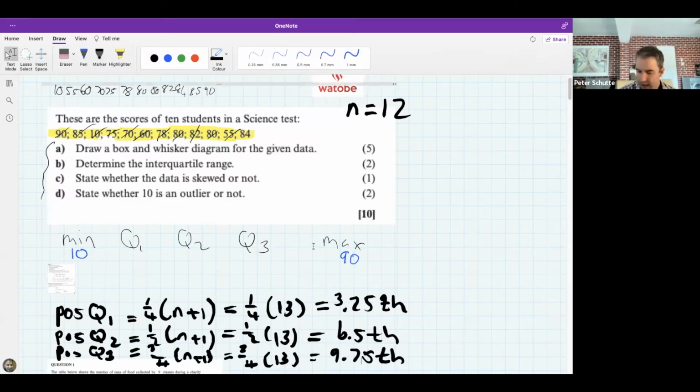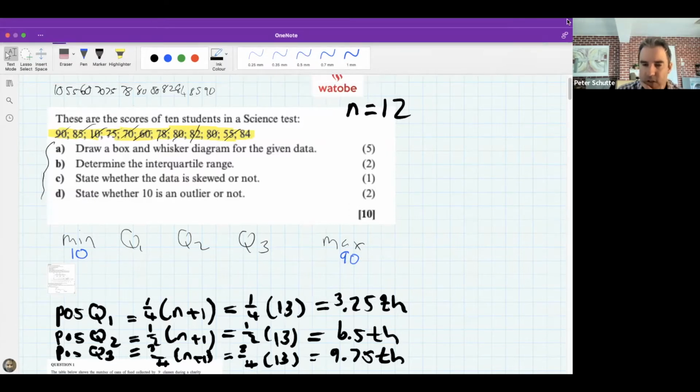Okay, so what I did was I worked out the positions of Q1, Q2, and Q3, but I haven't got my values yet. And so I'd like to know them from you guys, if you can help me work them out. And from there, we can do the rest of the question.